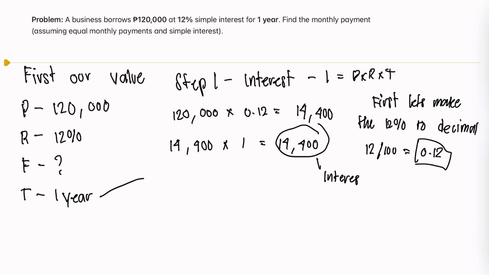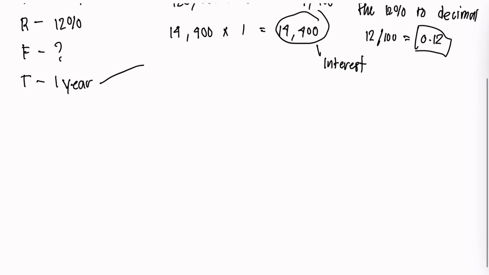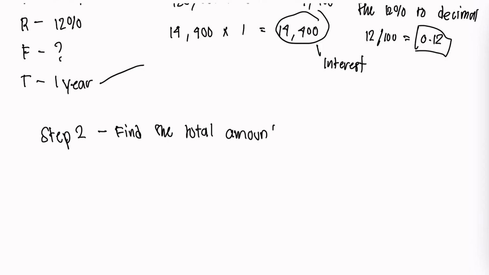Then let's move on to step 2. For step 2, let's find the total amount or the future value. The formula for finding the future value is A is equal to P plus I.